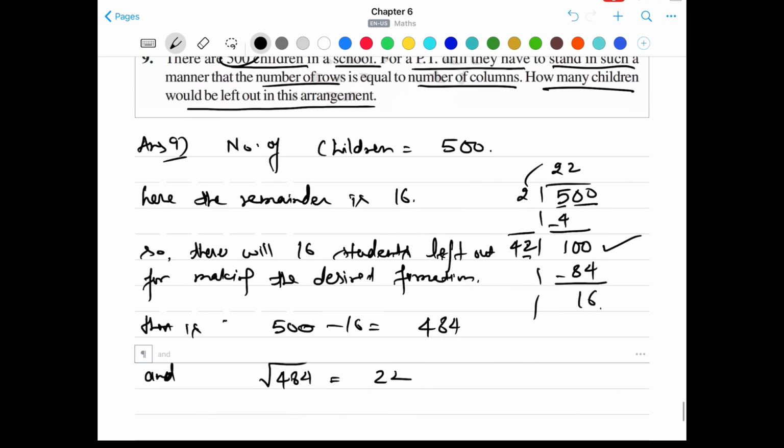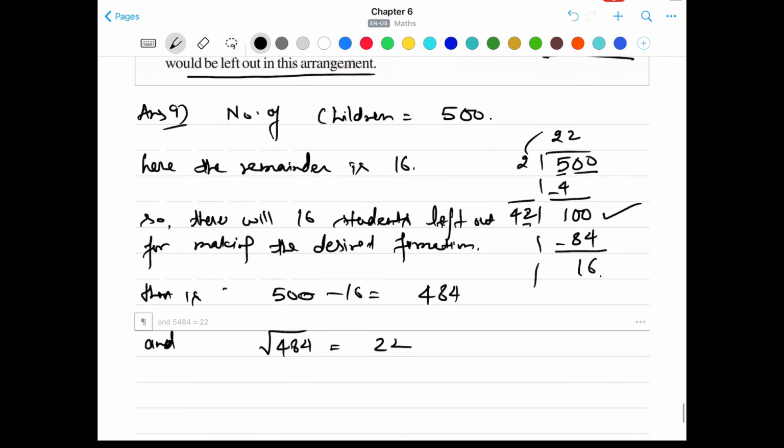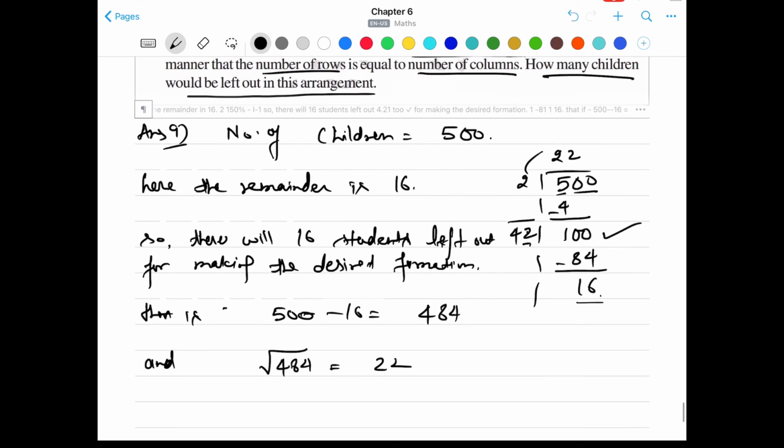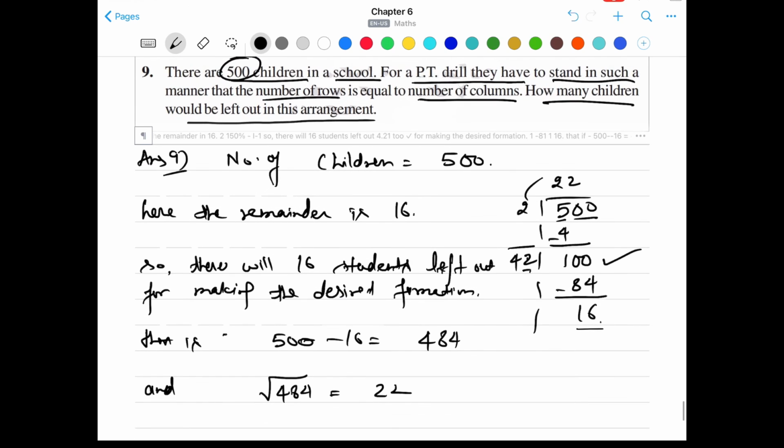So the number of rows and the number of columns will be 22, and the students that will be left out are these 16. Okay, so that's the answer to question number 9.